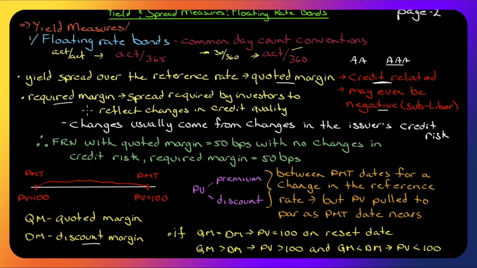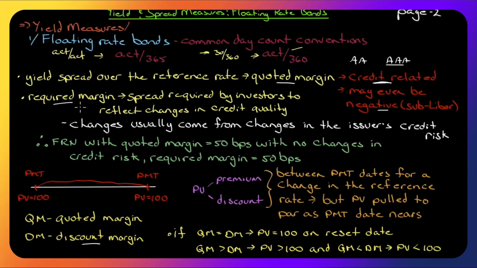The required margin. This is the spread required by investors to reflect changes in credit quality. So when a floating rate issue is first issued to the market, it'll have some spread over a reference rate, some quoted margin reflecting its credit quality at that time. That credit quality may improve or it may deteriorate over time, while the required margin would catch that.